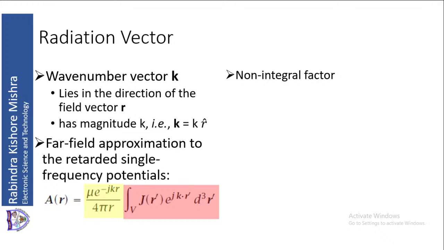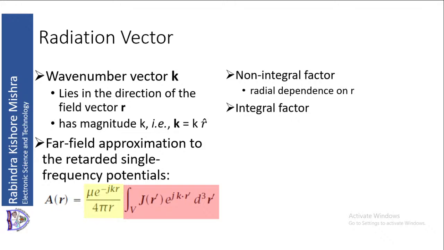Now it has two terms, as I told you, the pink term and the yellow term. The yellow term is the non-integral factor. This non-integral factor has a radial dependence on r. As r increases, this non-integral factor decreases because it has 1 by 4 pi r. Also, the numerator has the exponent form e to the power minus jkr.